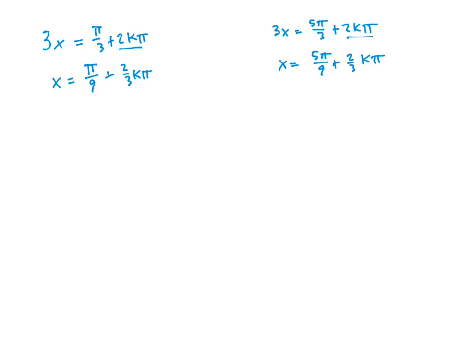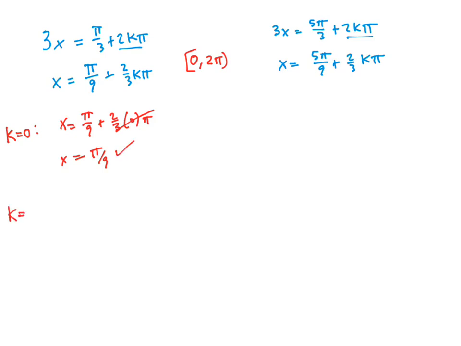Okay, so what we're looking for are angles in this interval. So we're going to test values of k. If k is equal to 0, we get x is equal to pi over 9 plus 2/3 times 0 times pi. This term goes to 0, we get pi over 9. Is pi over 9 in the interval? Yes, pi over 9 is between 0 and 2 pi, so that's good.